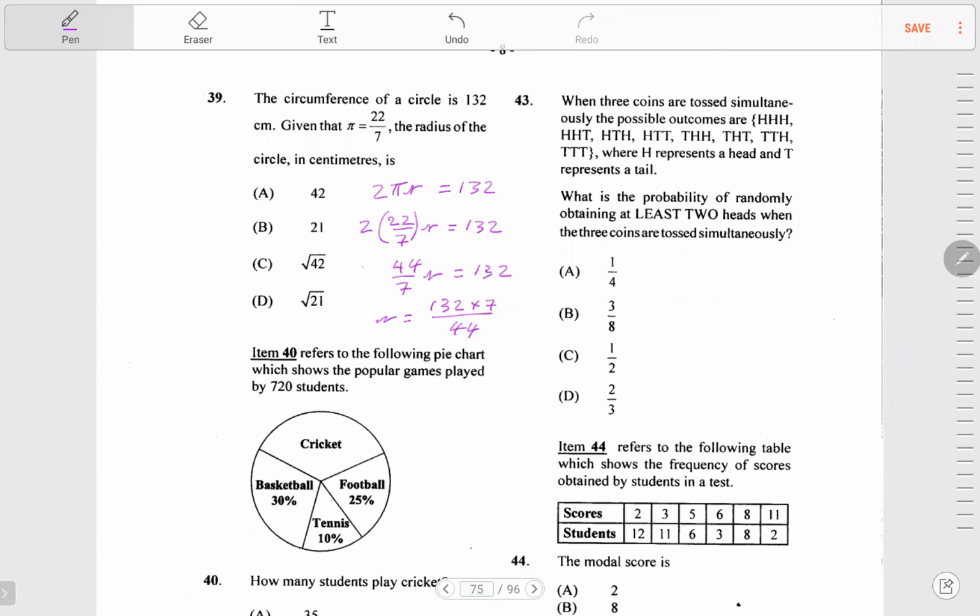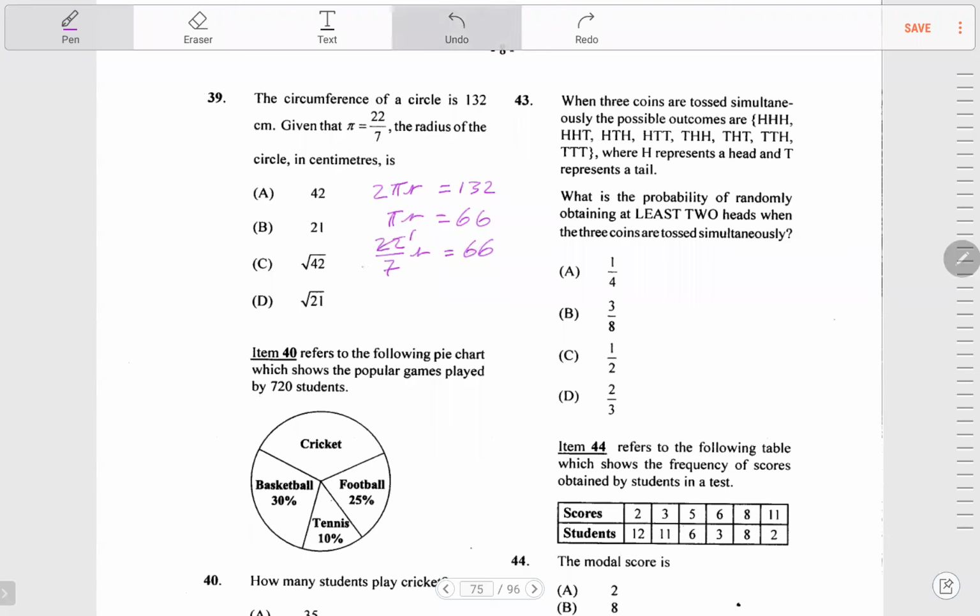All right, let's look back at how we did it before up here. To simplify, we divide both sides by 2 first. So we get pi r equals 66. Then pi is 22 over 7 times the radius equals 66. So 22 into this is 1 time, and 22 into this is 3.